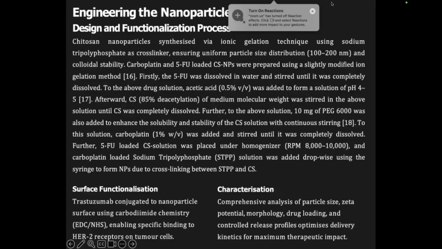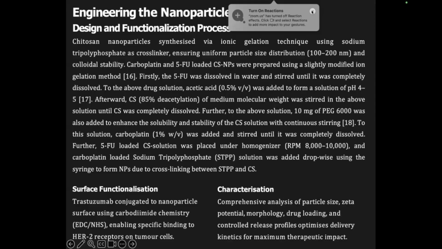Engineered nanoparticles. The preparation method: chitosan nanoparticles were synthesized by the ionic gelation technique, where sodium tripolyphosphate acts as a cross-linker, ensuring uniform particle size distribution and colloidal stability. Here, both drugs carboplatin and 5-fluorouracil were loaded. Firstly, 5-FU was dissolved in water and stirred until completely dissolved. To this drug solution, acetic acid was added at pH 4 to 5.